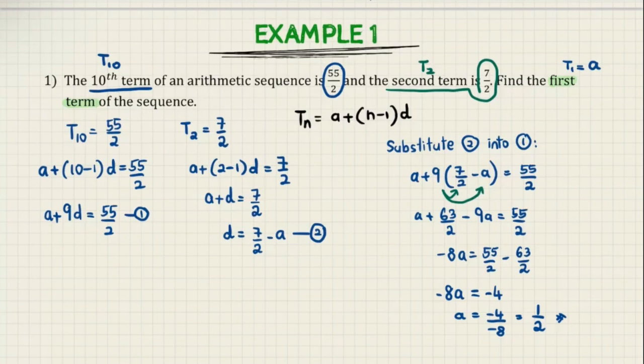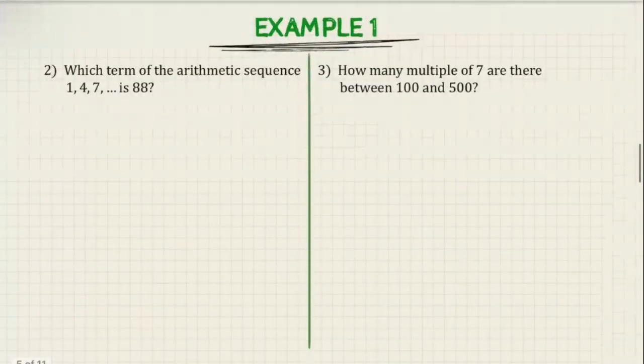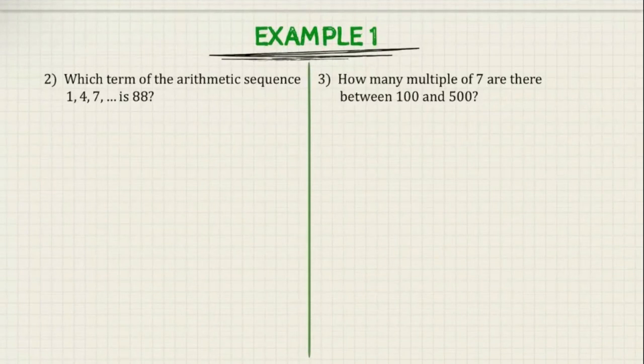Now kita akan tengok example yang pertama juga, masih example pertama tapi soalan yang kedua. So which term of the arithmetic sequence 147 is 88? Apa benda soalan ni? Kita ulang balik. Which term of the arithmetic sequence ini is 88? So term yang keberapa dalam sequence arithmetic ini, term tu nilai dia adalah 88.